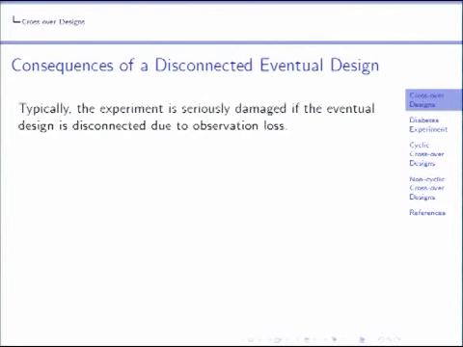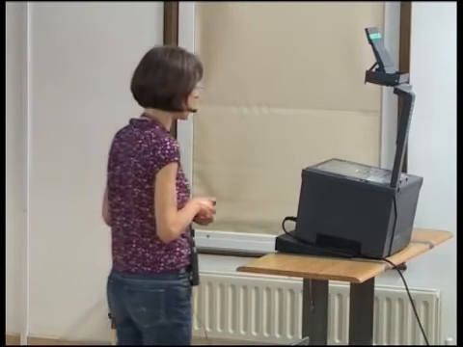Right, what does it mean if the design is disconnected? Well, by disconnected here, I mean treatment disconnected. So either disconnected with respect to the direct treatment effects or disconnected with respect to the first order carryover effects. If the design is treatment disconnected due to observation loss, then there are two linked problems. First of all, you're not going to be able to work out your sums of squares to test at least one of the hypotheses that the direct treatment effects are all equal, or that the first order carryover treatment effects are equal.